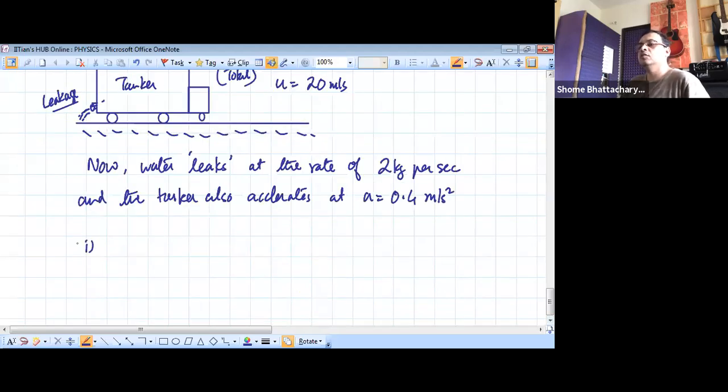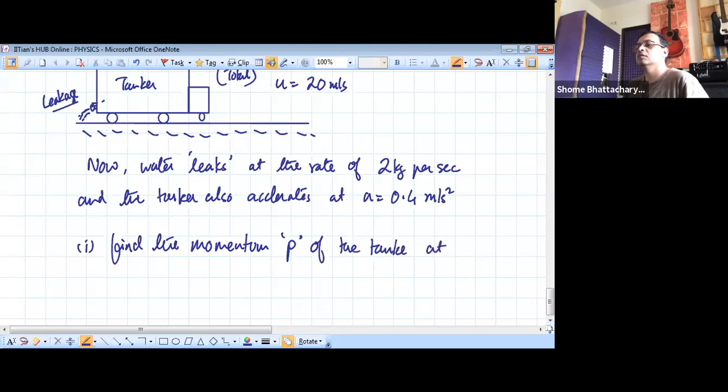So first of all, find the momentum of the tanker at t equal to 0 and at t equal to 5 seconds.